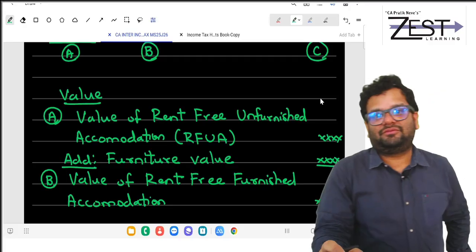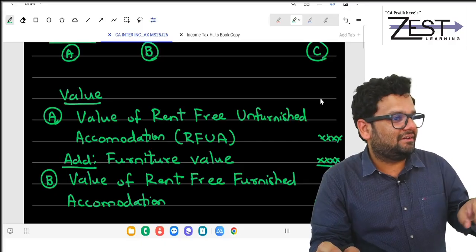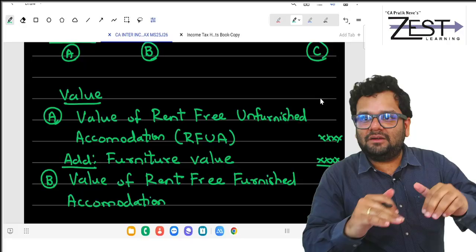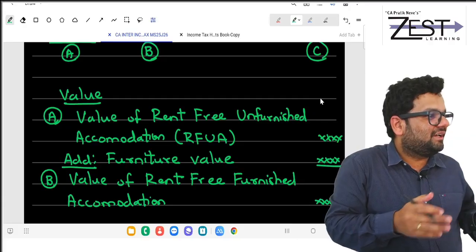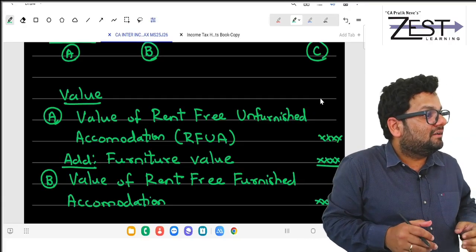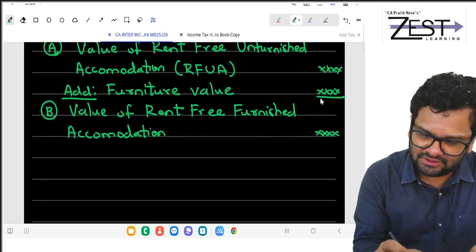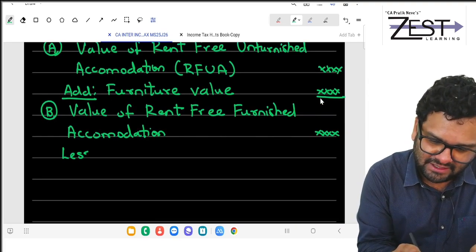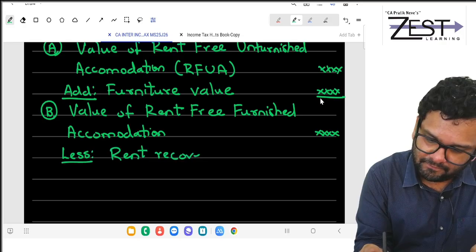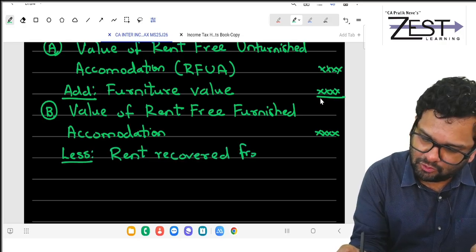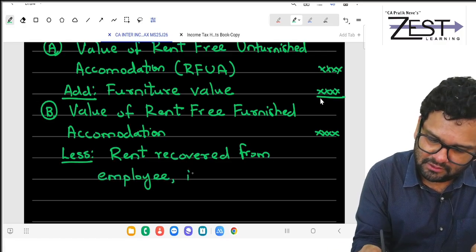But if employer says you have to pay me small amount of rent, then employee benefit is going down, no? Because employee is getting house, getting furniture, but against that paying rent. So to that extent benefit goes down. So less rent recovered from whom? Of course, employee, if any.